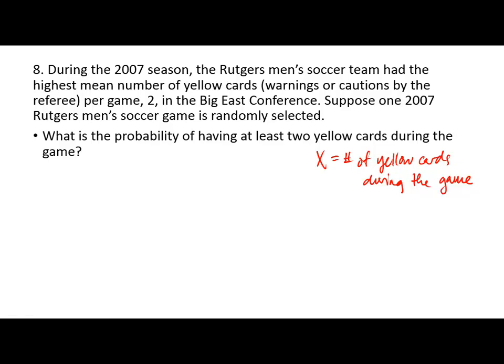So I don't know how many possible yellow cards I could get. I could get any number theoretically, but it's a fixed amount of time. So I'm counting something within a fixed unit of time. So that's another tip off. Yeah. So x is Poisson, and then what's my parameter here? It's just the mean, right? So 2.